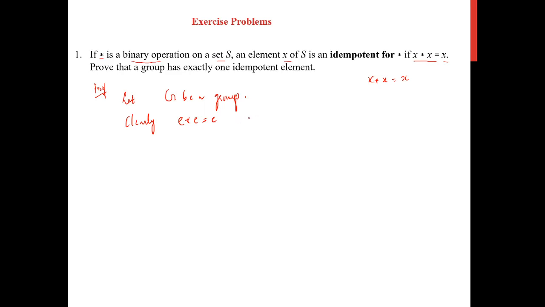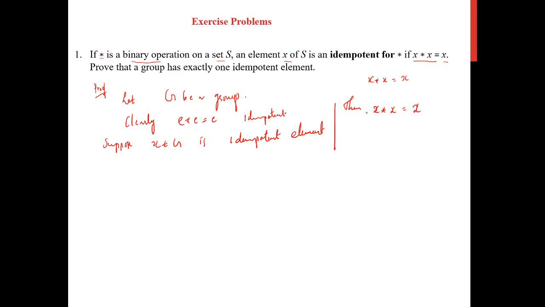So the identity element is an idempotent element. We have to show that there is only one idempotent element. Suppose X belongs to G is an idempotent element, then we can write X star X equals X.